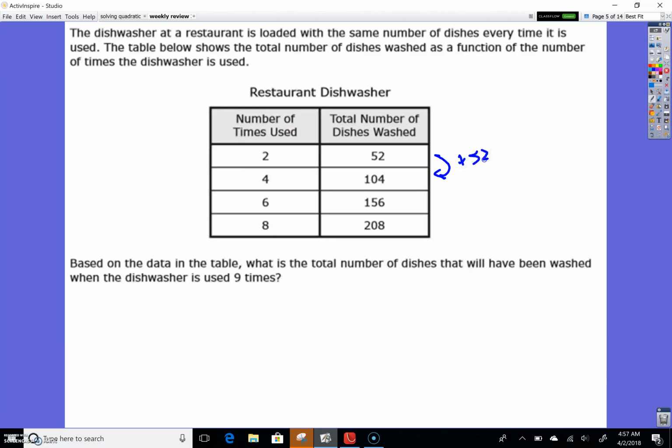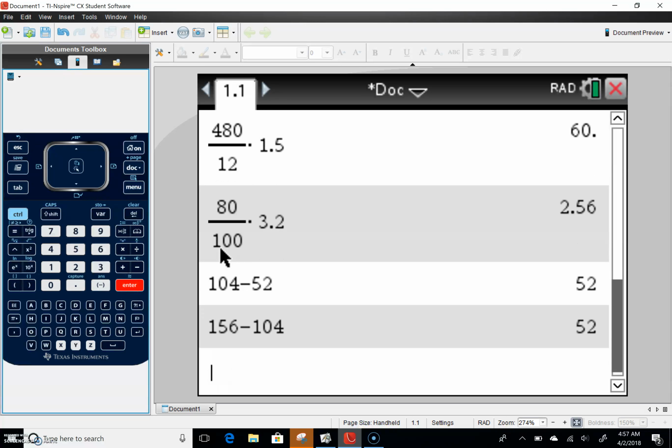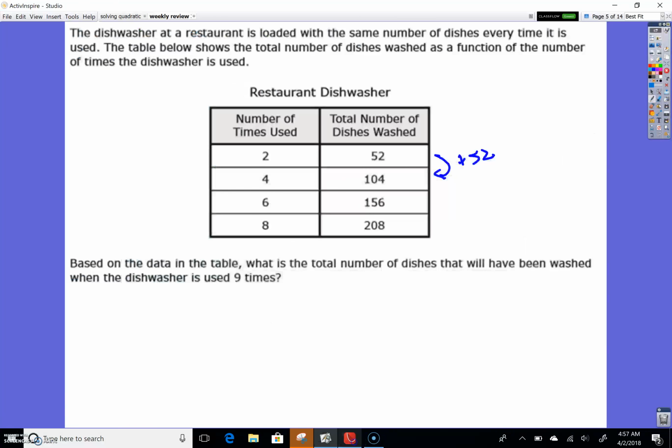Plus 52 maybe. Let's try the next one, okay? 156 minus 104. This is 52. So 208. So it looks like it's 52.